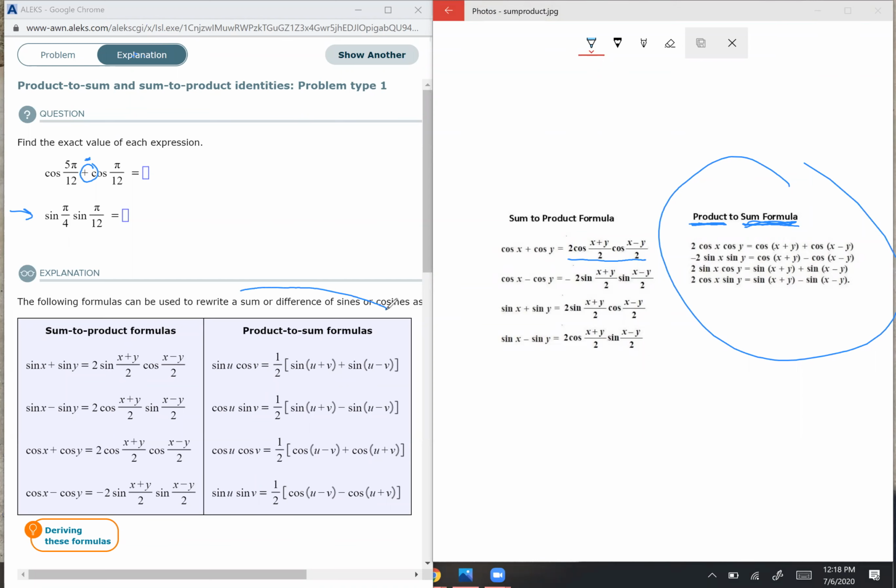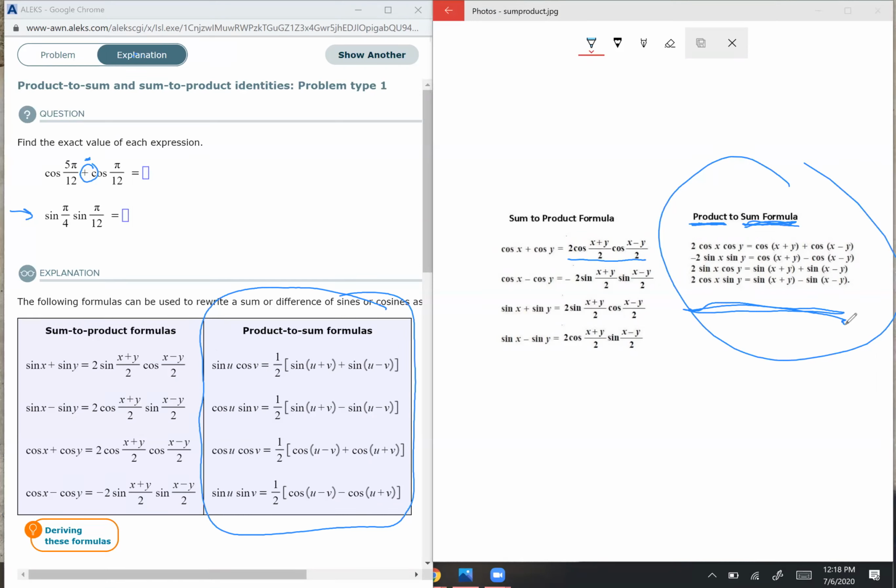Notice how your product to sum formulas are different in ALEKS. Now, they're different, but they're the same. So notice in these formulas, there's no 2's in front, but we do have a 1/2 in front on the other side, which means they took these basic identities here and they divided both sides by 2.